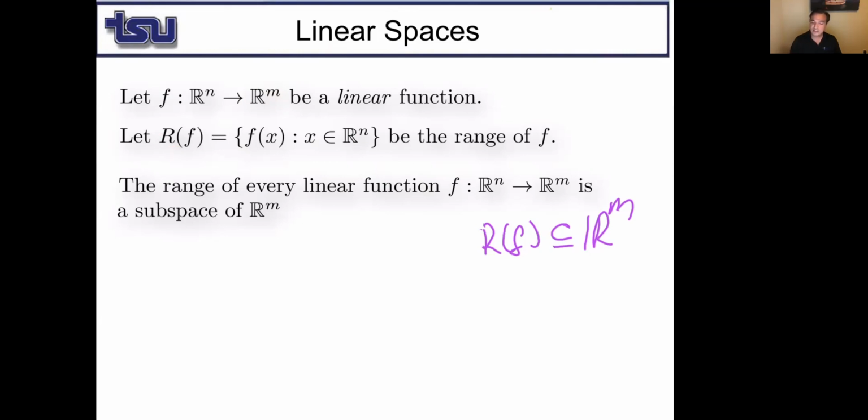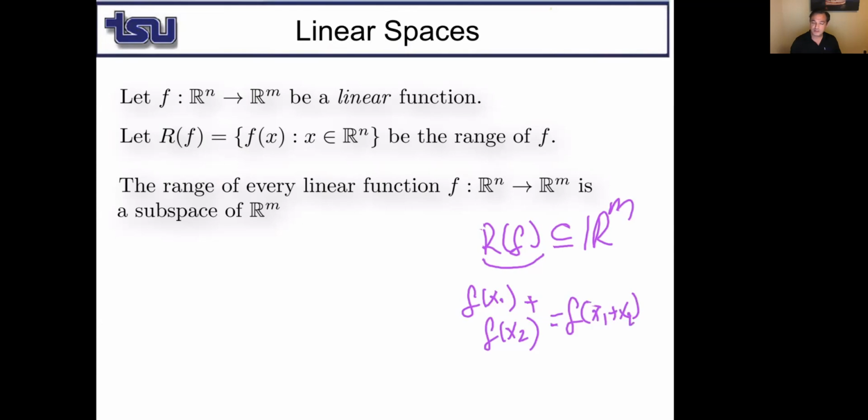How about, is it a subspace? How do we know a subspace? If I take two elements, and if I add them up, okay? If I take an element in this one, let's assume f of x1, and another element, f of x2, if I add them up, since f is a linear function, it's going to be equal to that one, right?